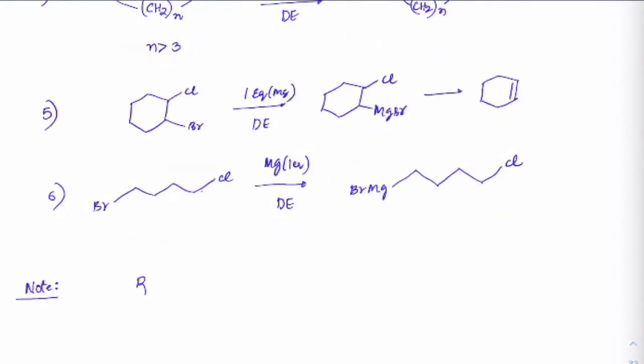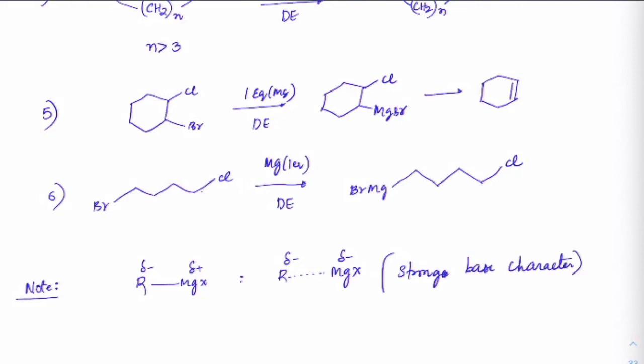Like I said, in RMgX this carbon is quite delta negative, almost like a carbanion formation, a complete carbanion type. So it has high polarity, and carbanions are very strong bases. So a Grignard reagent will always act as a strong base.